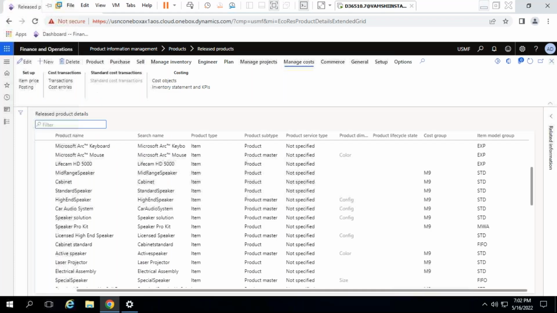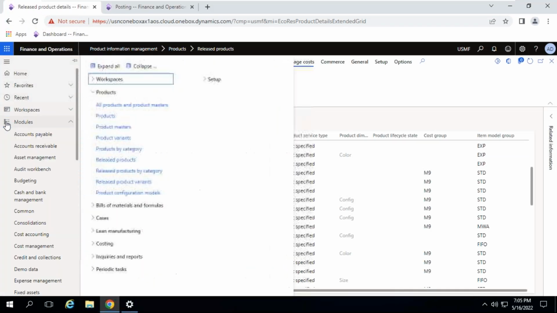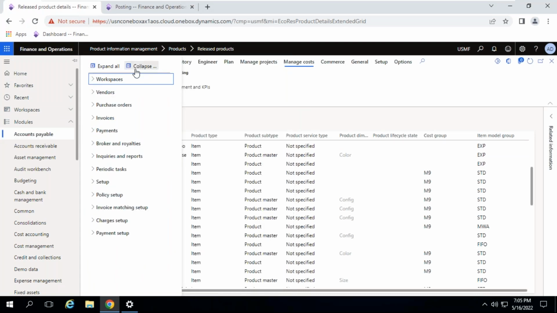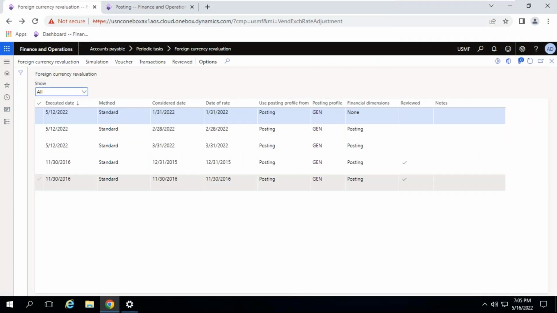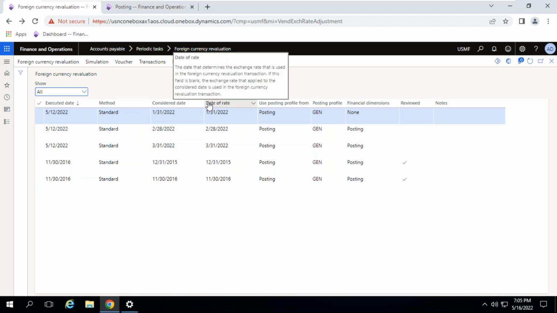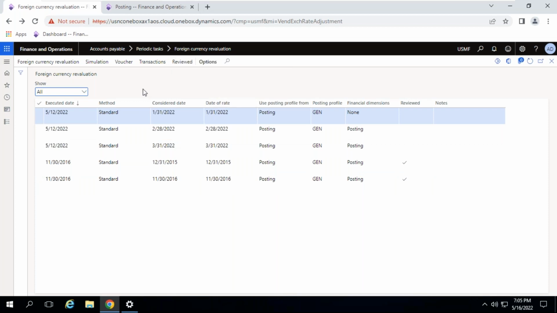You have already learned the accounts payable module: collapse all, periodic tasks, foreign currency revaluation. This is for the AP side, meaning for it to affect the vendor transactions and vendor ledger accounts, we need to run it here.